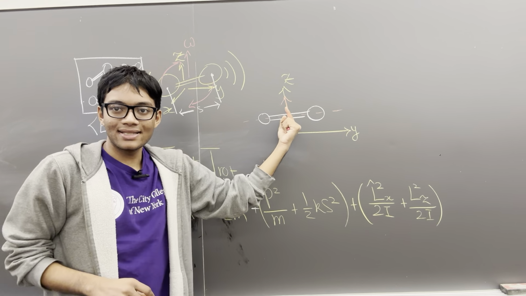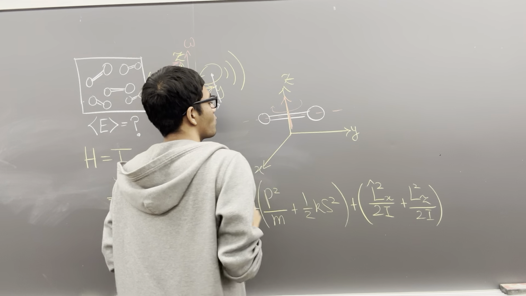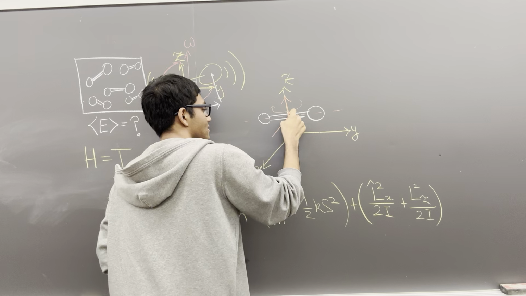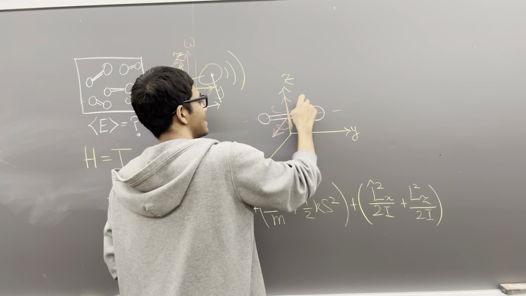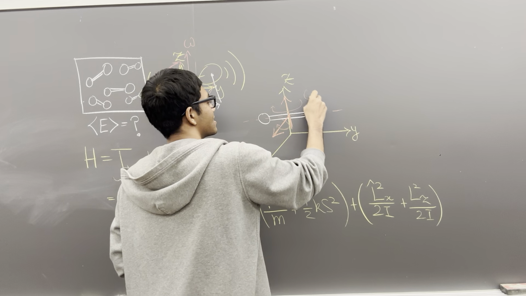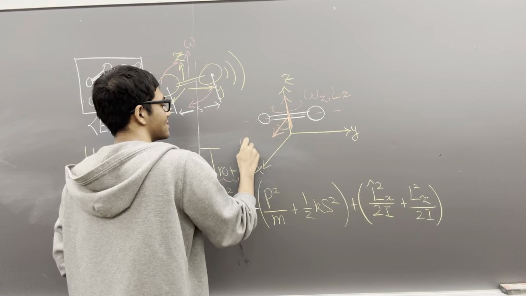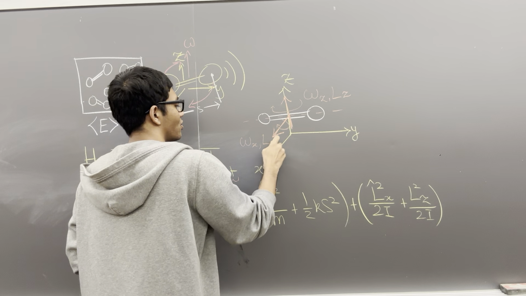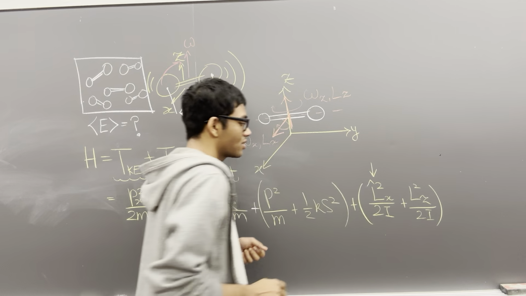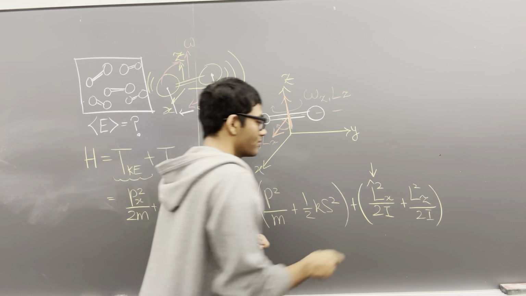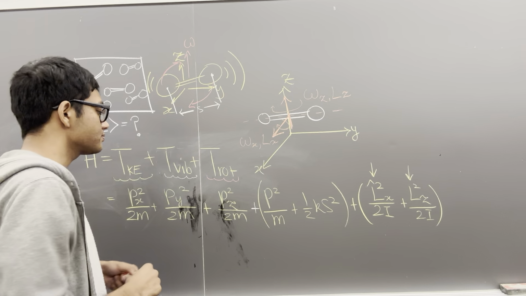This is the first axis that this diatomic molecule can rotate around, and this is the second axis that it can rotate around. Let's say that this is the z-axis, so there's going to be some omega z or L sub z, and this is the x-axis, there's going to be some omega x or L sub x. And that's exactly what you see here. A rotational contribution from the L sub x component and a rotational contribution from the L sub z component.